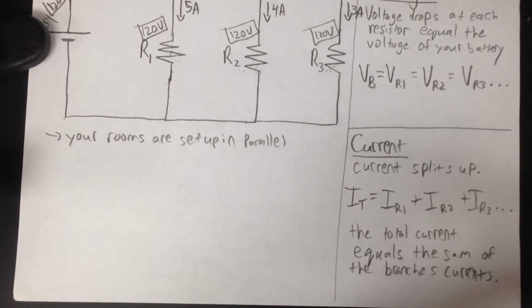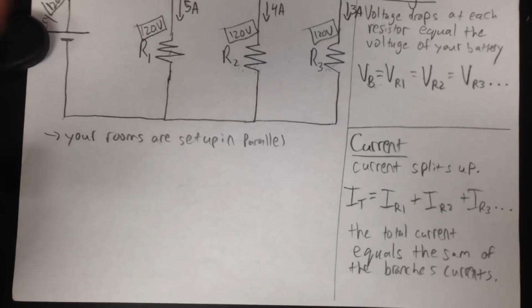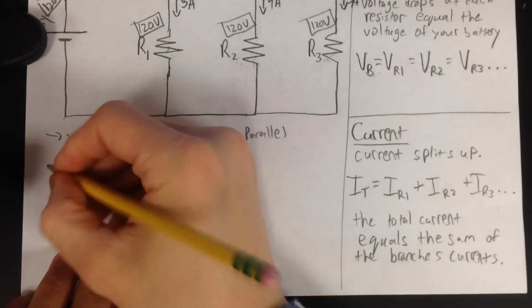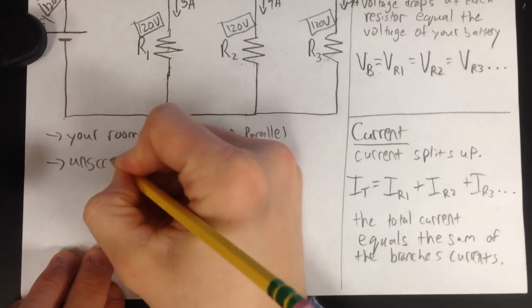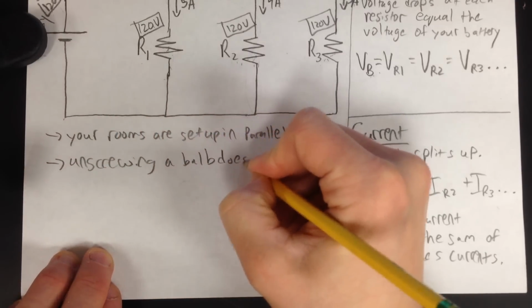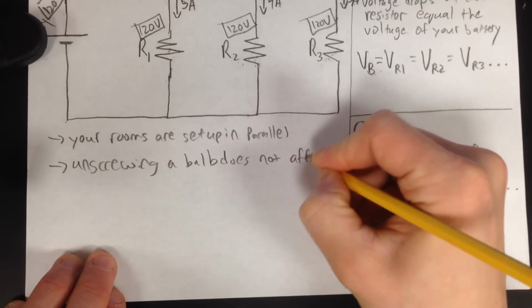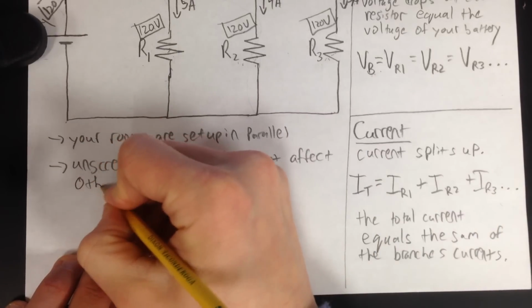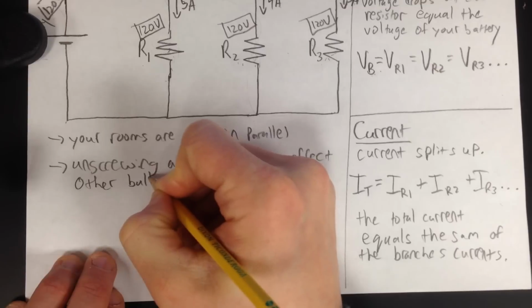What happens if you unplug a bulb in a parallel circuit? Unscrewing a bulb does not affect other bulbs.